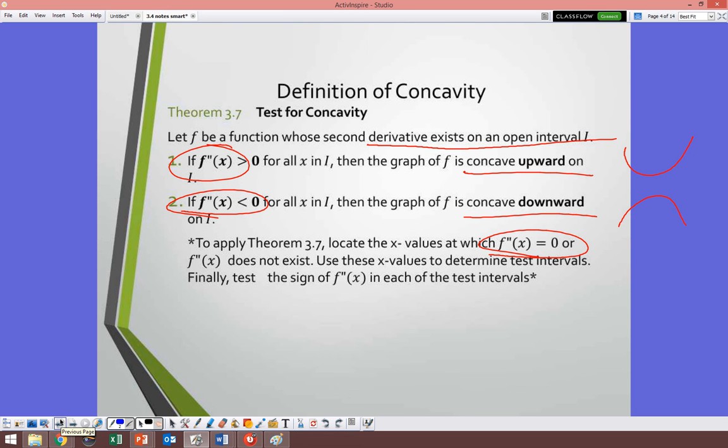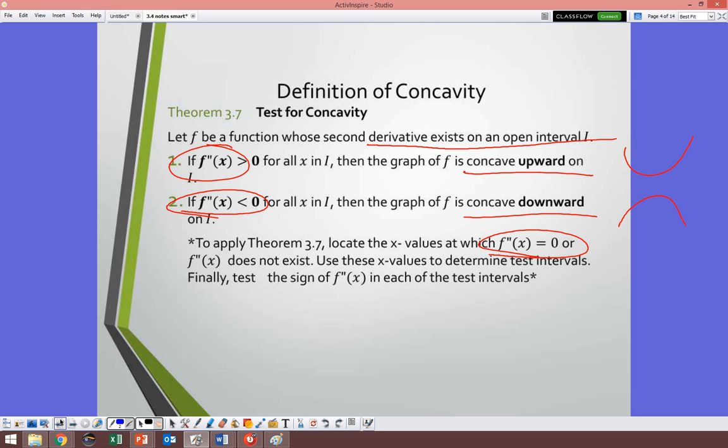So if it's positive, wait, it's upward. If it's positive, it's concave up, because f double prime is greater than 0, so it's positive. Oh yeah, my bad. Don't think about it like that. It's opposite to this.